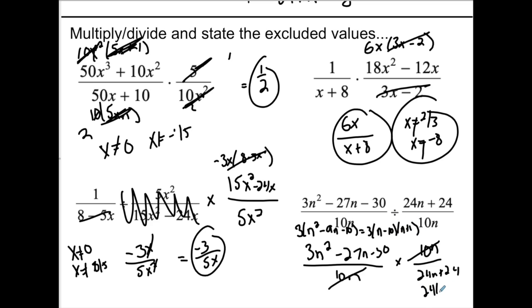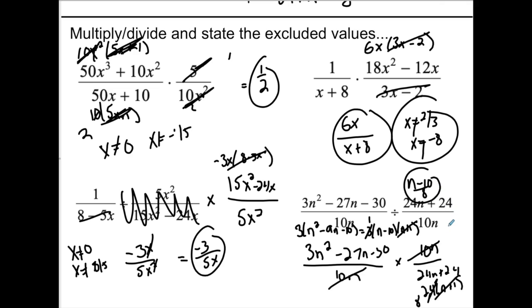And this is 24 times n plus 1. So the n plus 1's cancel. Isn't that interesting? And then the 3 will cancel and become a 1, and the 24 will become an 8. So what I have is n minus 10 over 8.